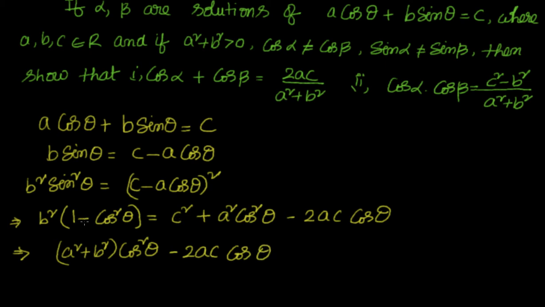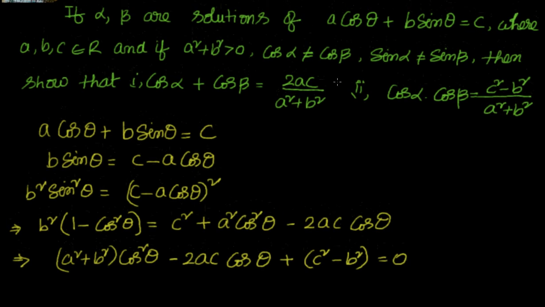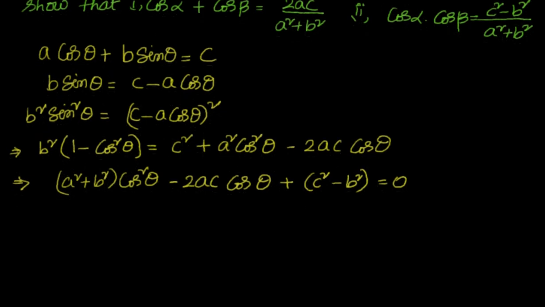Then I have c square, and b square will become negative, so I will have c square minus b square. Now this is of the form a cos square theta plus b cos theta plus c equal to 0. Then I know if alpha, beta are solutions of this equation, cos alpha, cos beta will be solutions of this equation, because we have converted into cos theta.